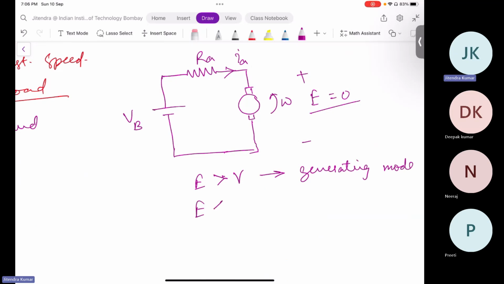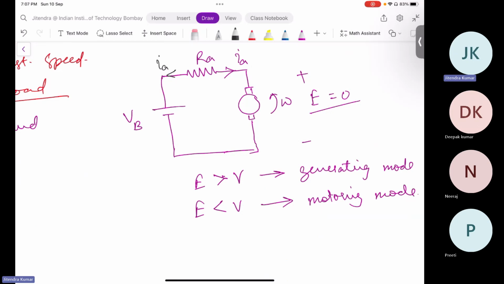And when E is less than V, it is working in motoring mode. Why? Because what happens in a generator? It supplies to the load, right? The current is coming out of the generator. So when it works as a generator, current will come out to the terminal.